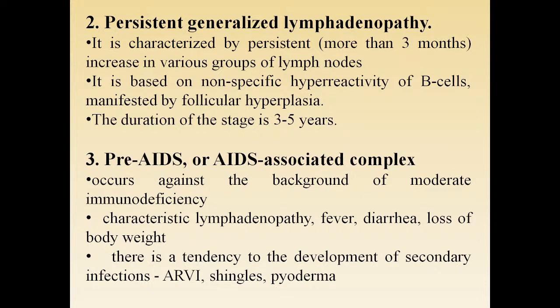Next period: persistent generalized lymphadenopathy. It is characterized by persistence for more than 3 months and an increase in various groups of lymph nodes.